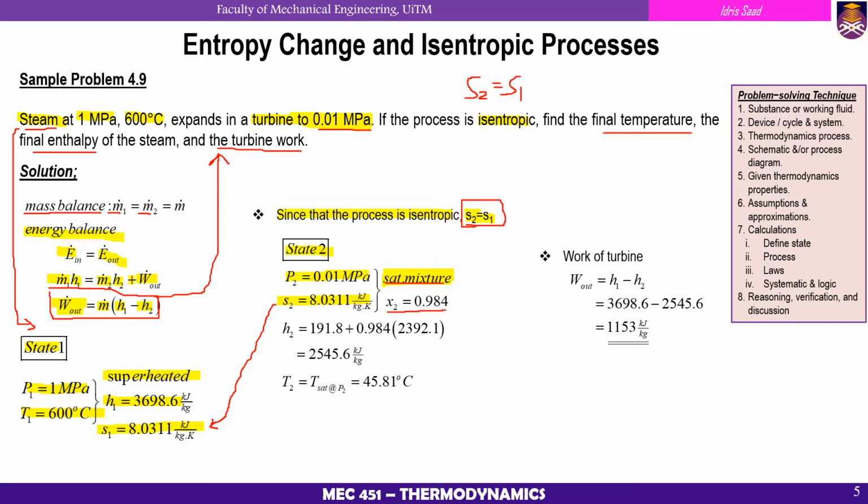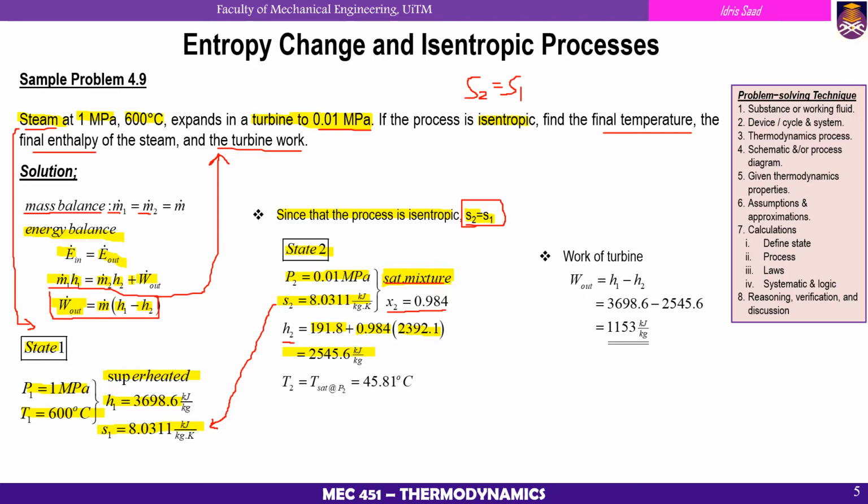So based on that, we can determine the final enthalpy as hf plus x hfg. So we put all the data: hf is equal to 191.8 based on the table, plus x is equal to 0.984 multiplied by hfg is equal to 2392.1.